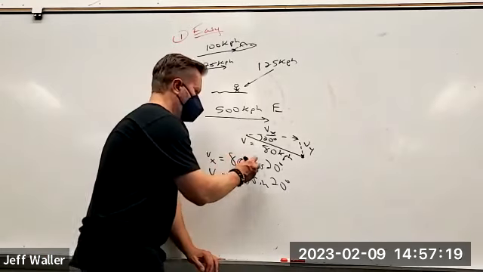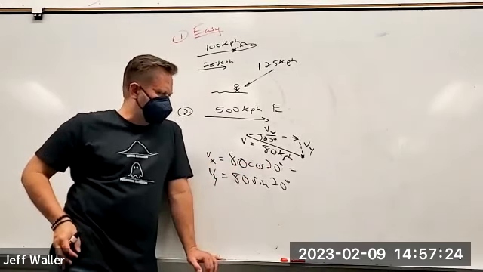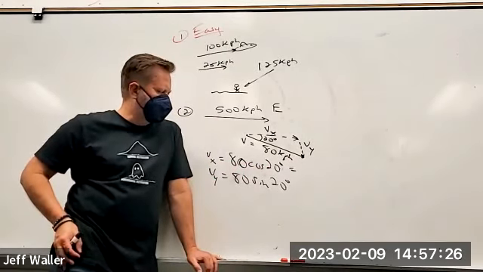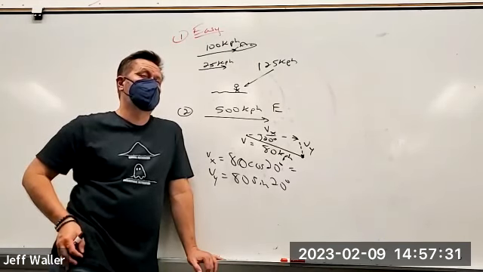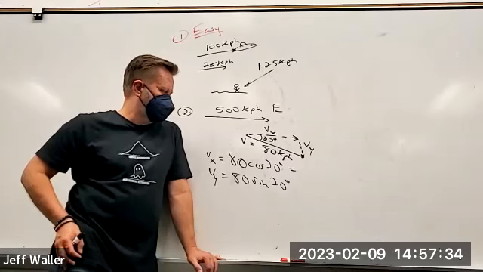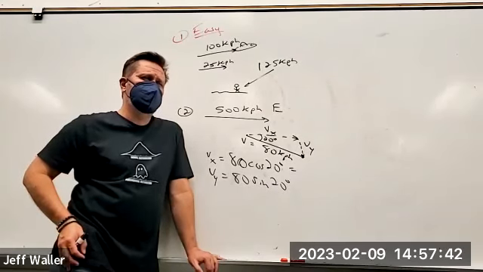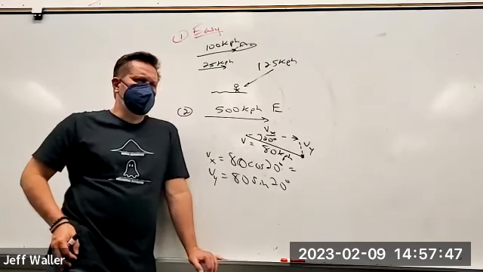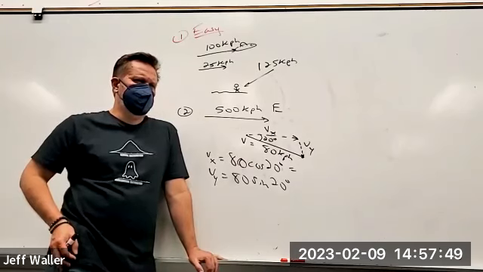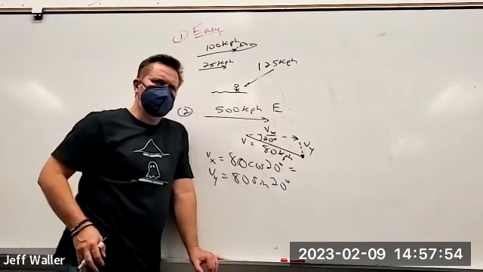So I'm going to have to ask you for some help again. 80 times cosine of 20. Do I want to try to guess that? Maybe 70 or 60. I don't know. Who's got a calculator out there? 80 times cosine of 20 degrees.